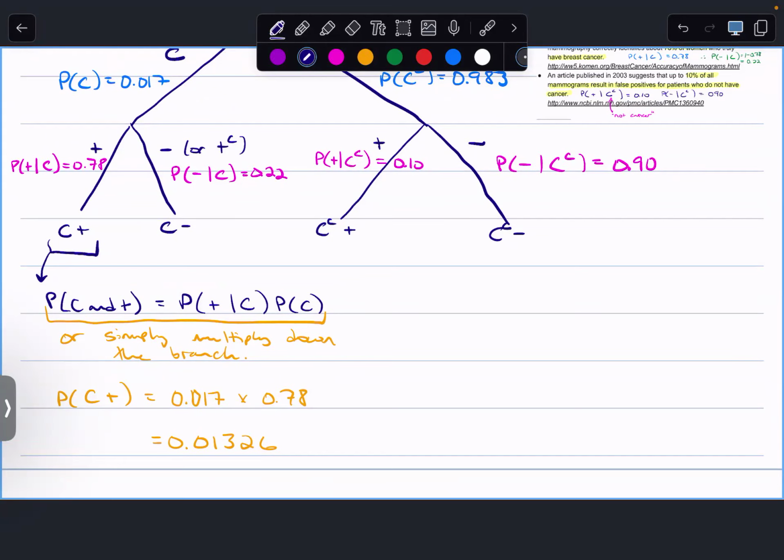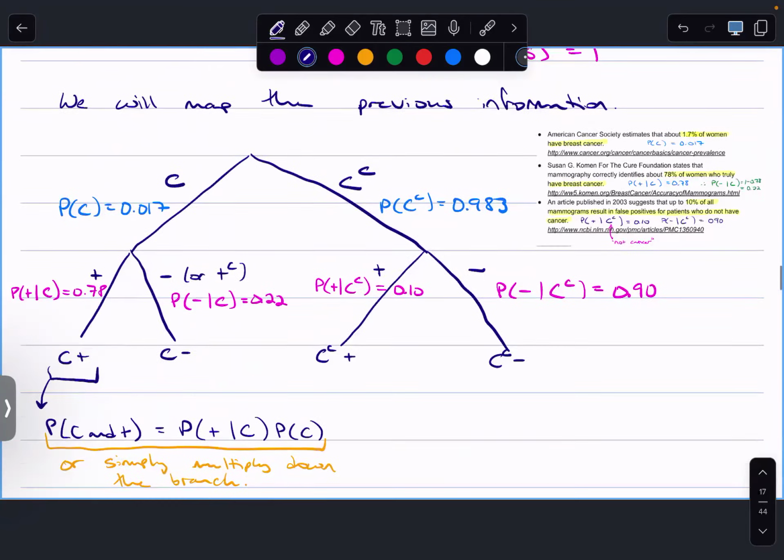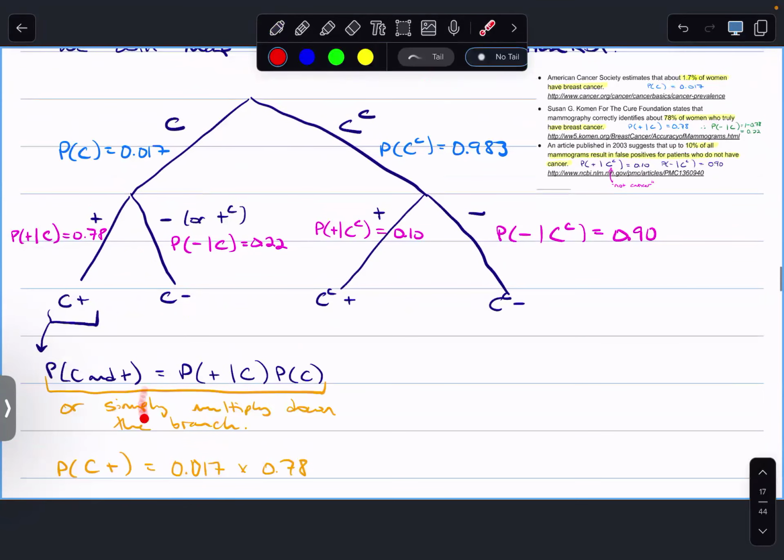So usually what I do is I don't worry too much about the formula behind the branches, as long as I know that if I'm multiplying down the branch, then at the end of the branch I'm finding the probability of the first thing and the second thing. Which is why I've summarized the combinations down below.